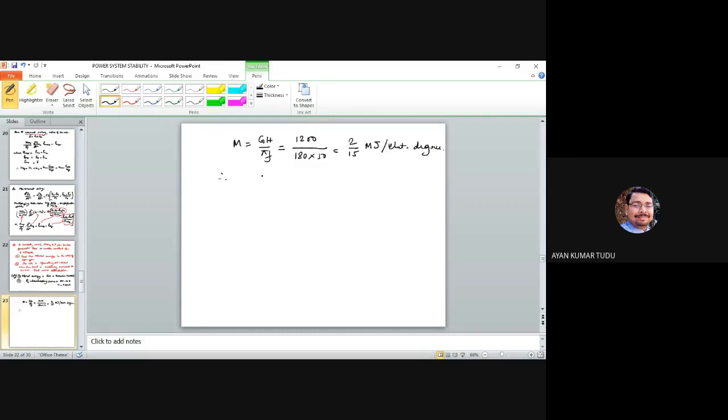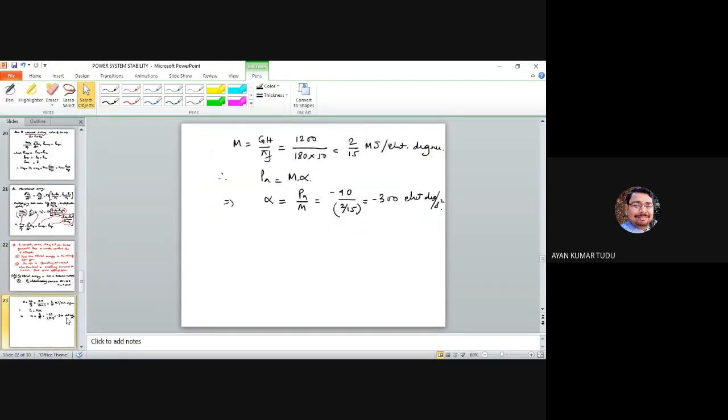We know that Pa equals M into alpha, where alpha is the rotor acceleration. So alpha equals Pa by M, which is minus 40 divided by 2 by 15, which comes out to minus 300 electrical degrees per second squared. Understood how it is coming?